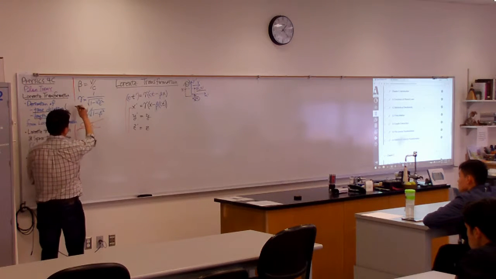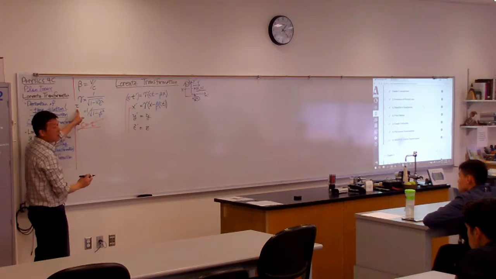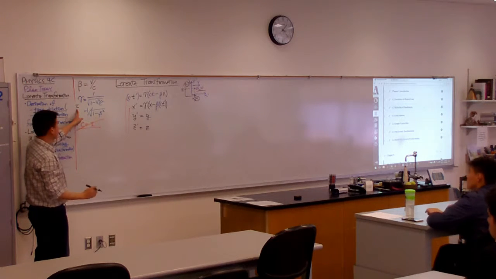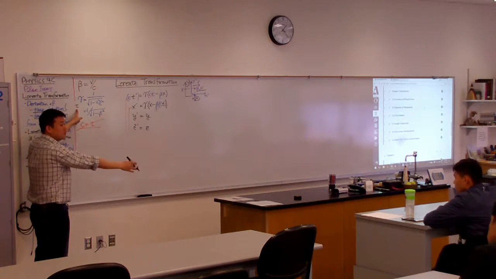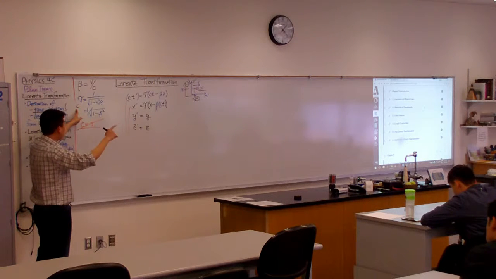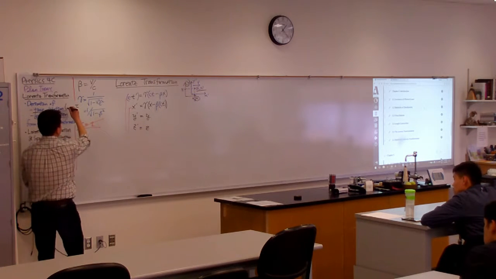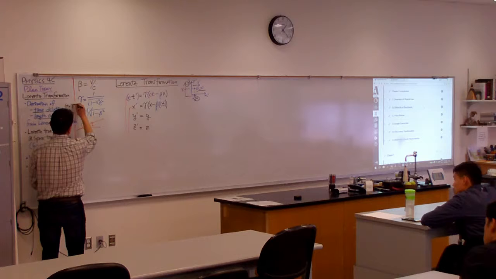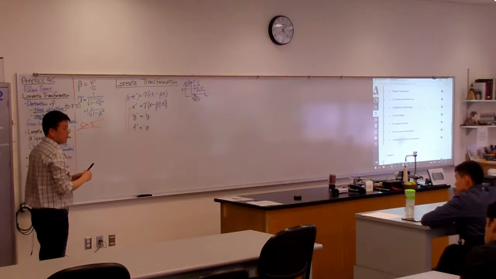If you have some clock that's measuring its own time, proper time, and its clock is zipping by you, and you measure the ticking of the clock with your own clock, then the time you measure is gamma times the proper time.